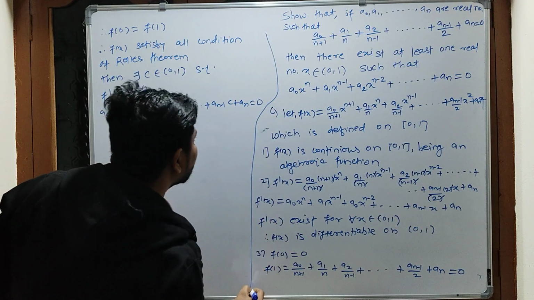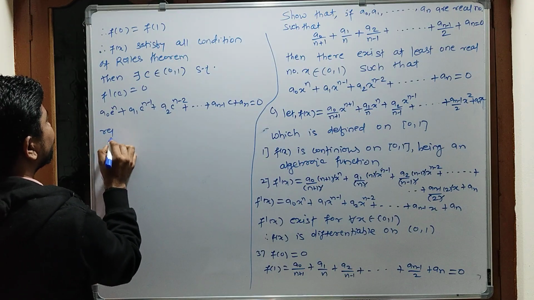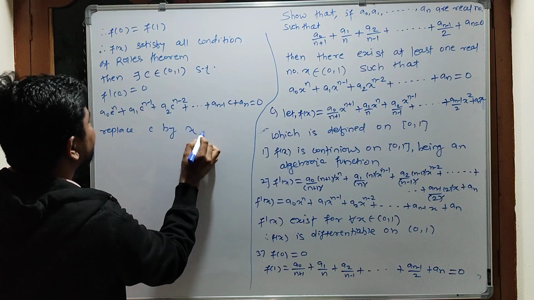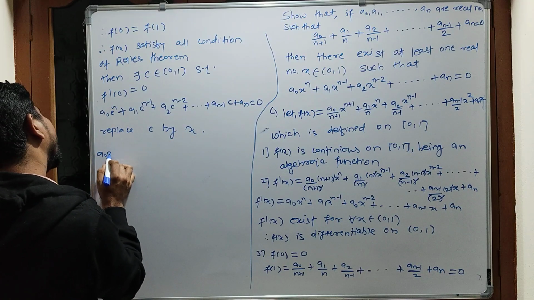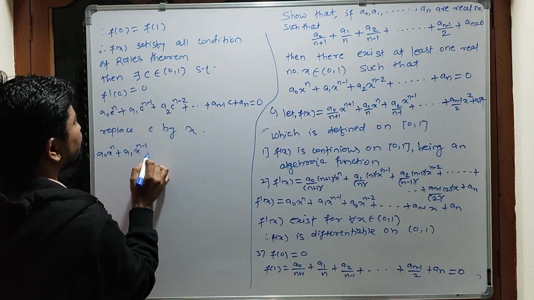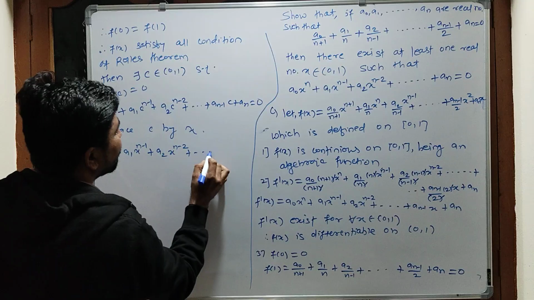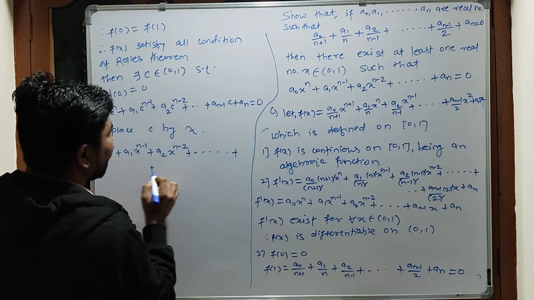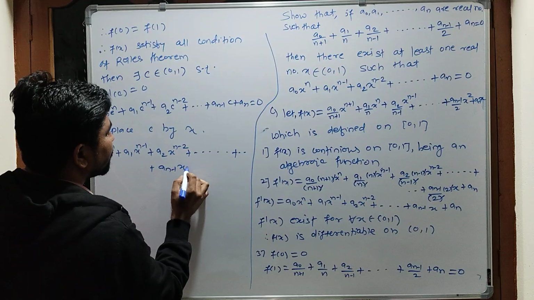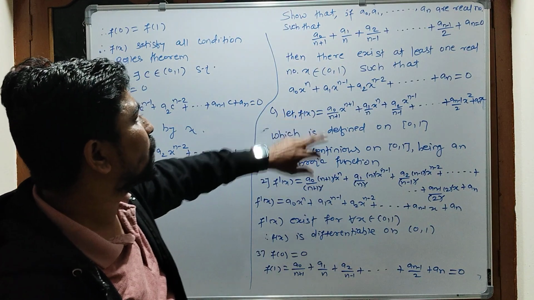Now replace c by x. Therefore a0 x to the power n plus a1 x to the power n minus 1 plus a2 x to the power n minus 2 plus dash up to an minus 1 x plus an. That is what we have to show.